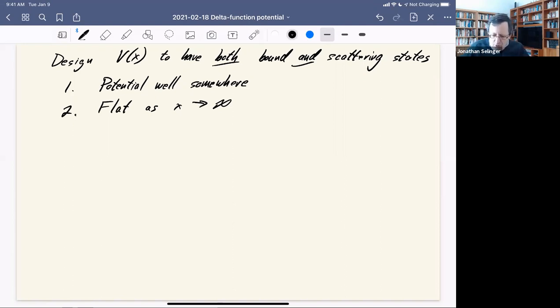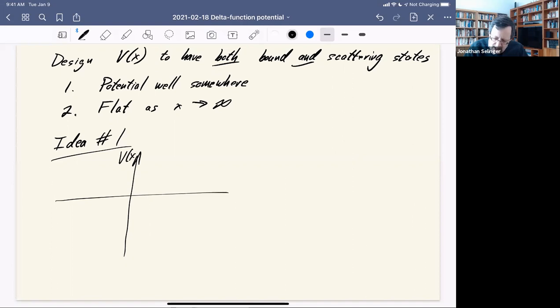Okay, so let's work on that. Idea number one: let's maybe try the same kind of thing as the gravitational potential energy. That would be a potential energy V of X as a function of X, something like this.